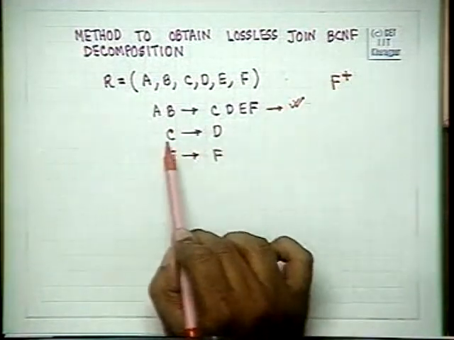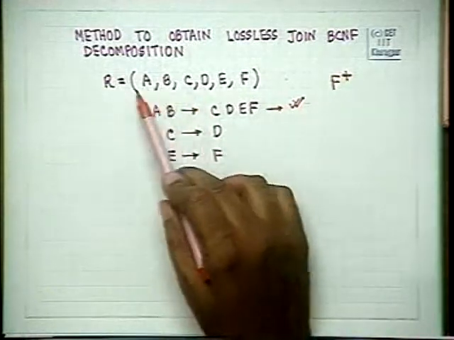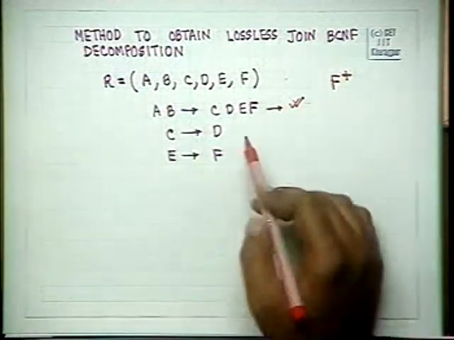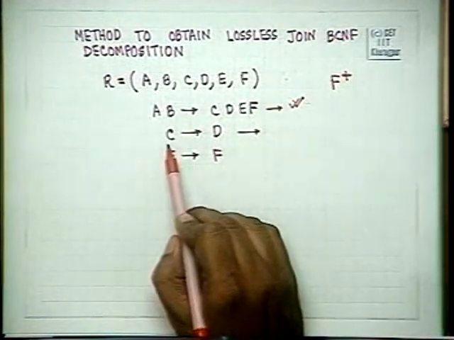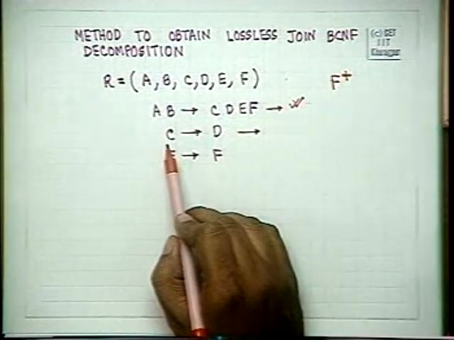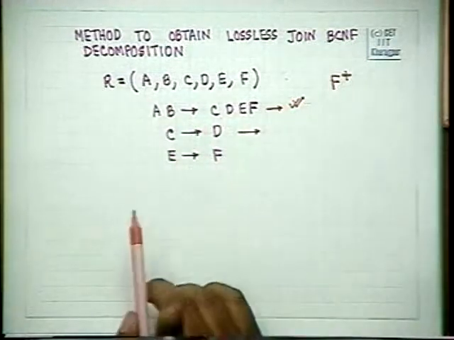Now, let us take C to D. This holds on this relation scheme. Does it satisfy BCNF? No, because C is not a key under any circumstances. So, we will break up R into two relations.